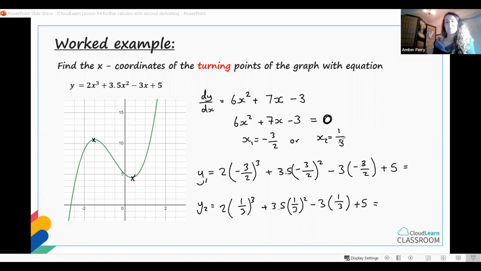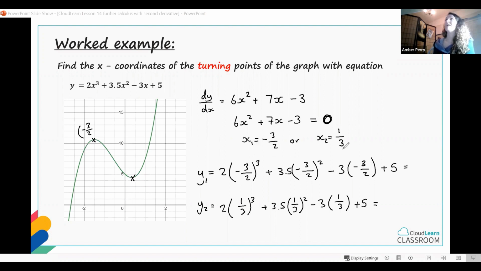And the last thing I want to talk about, once we know what these y coordinates are, is how we would know which one is which. Knowing which one is which is simply looking at the value of x. So x1 here is minus 3 over 2, so x1 must be this one here, where x is negative.